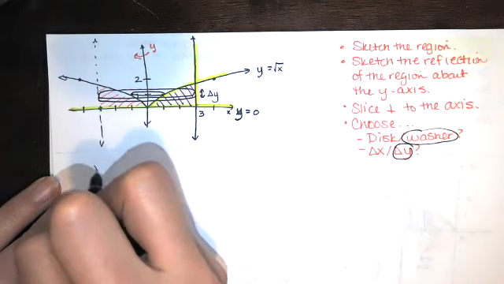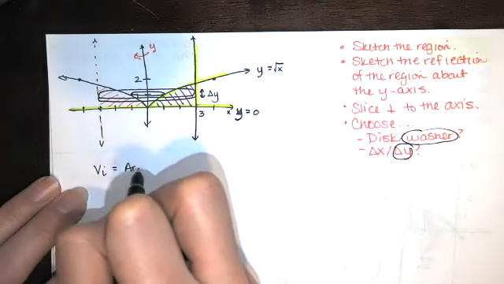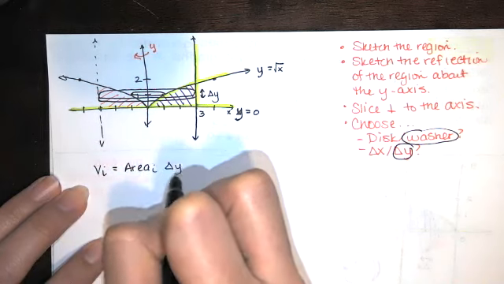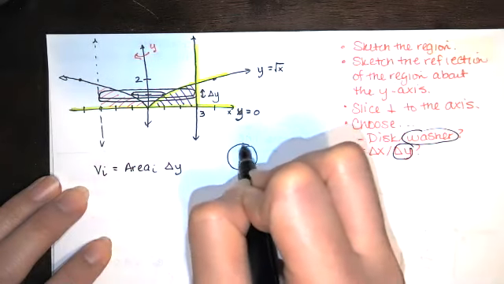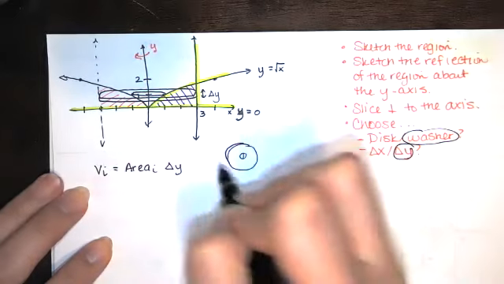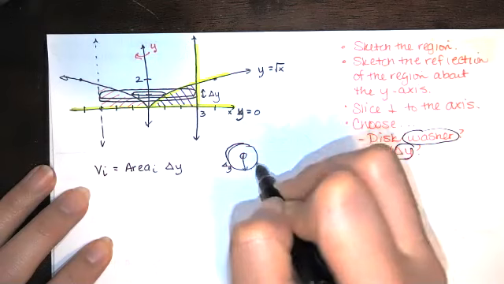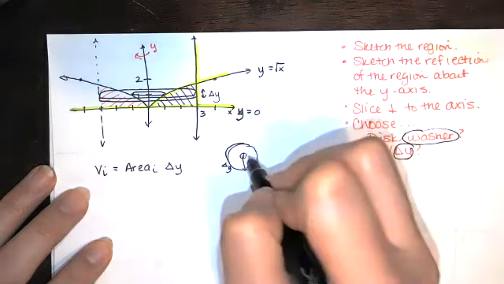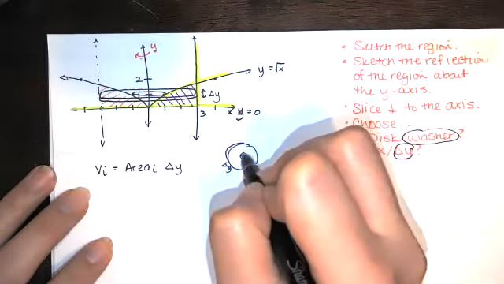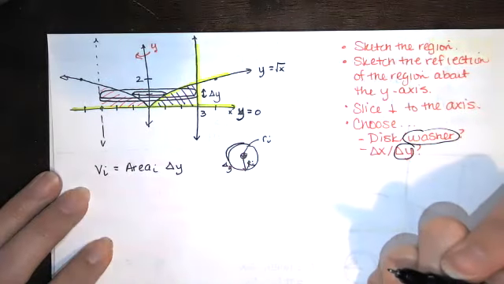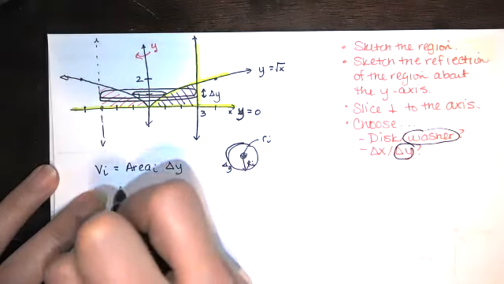All right, so our volume is the area of the washer times delta y in this case. And the area of the washer involves taking the area of the larger circle and subtracting the area of the smaller circle, the inner radius, so I'll call it little r sub i.